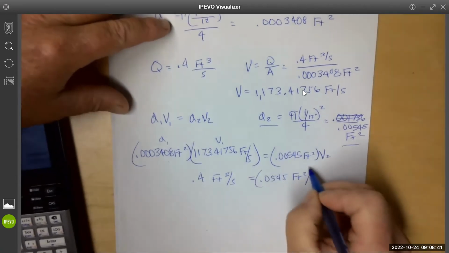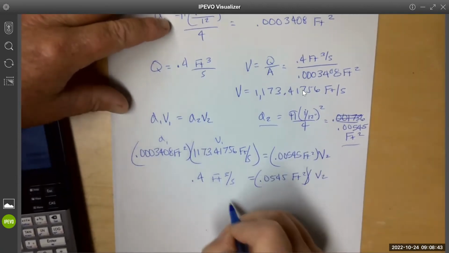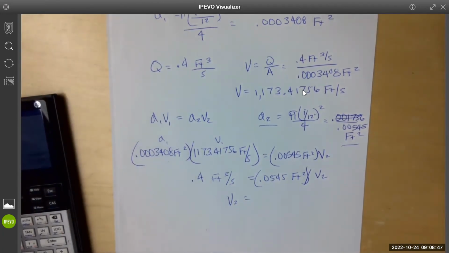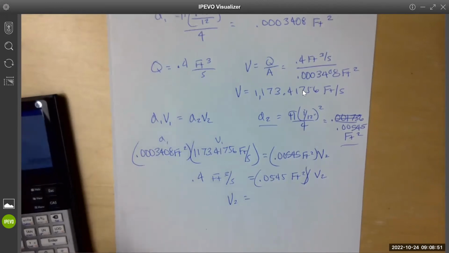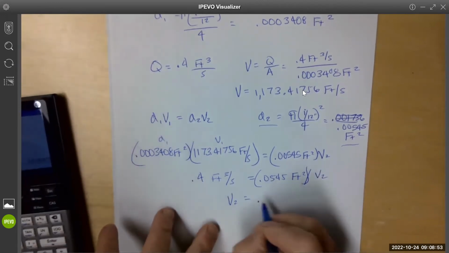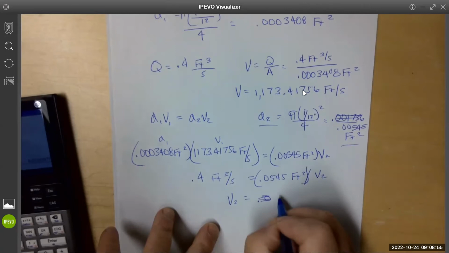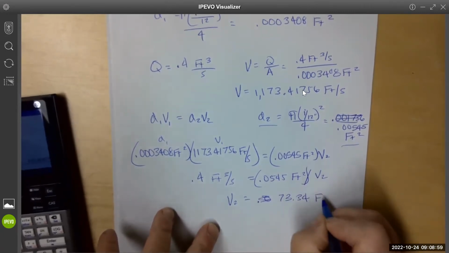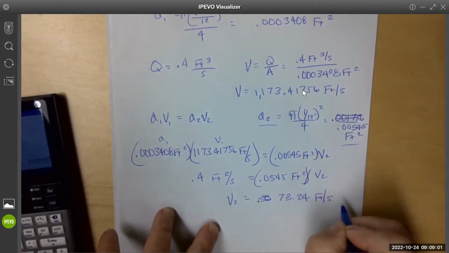Whoops. No, it's not 5. What do we get? 73.34. Velocity, so feet per second.